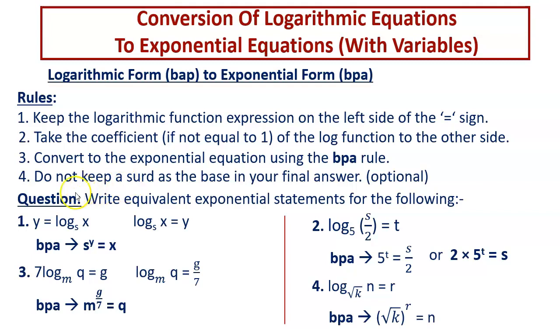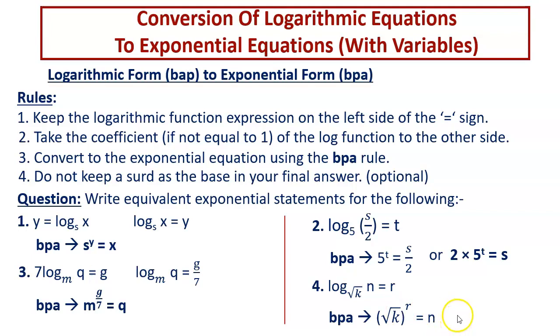And now comes rule number 4. We have the square root as a base. So if we want to avoid writing the square root, what we can do is, square root of k raised to the power of r equal to n, and if we square both the sides, we can get rid of the square root.